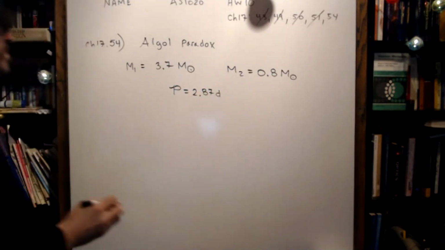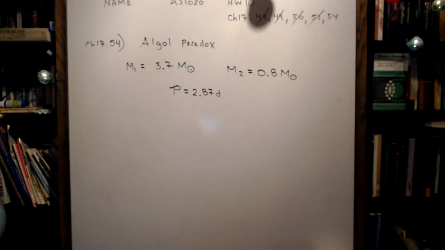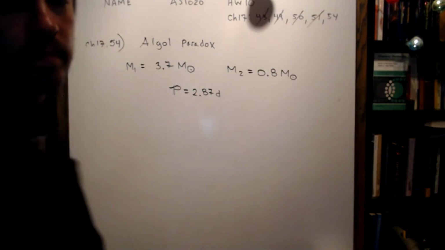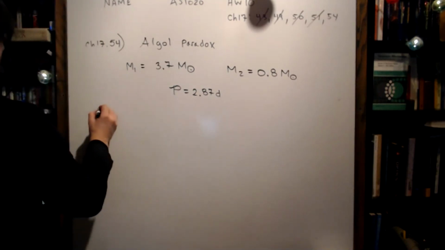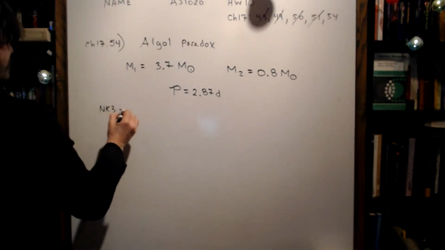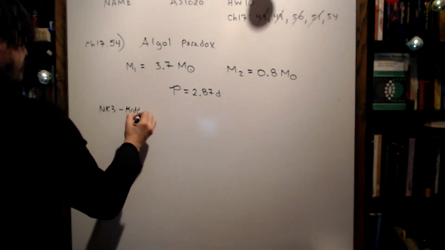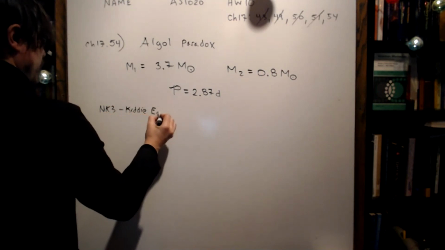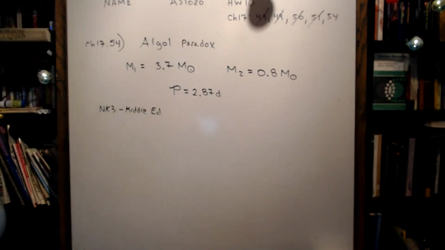Use Newton's version of Kepler's third law to calculate the orbital separation of the system. How does that separation compare with the typical size of a red giant star?